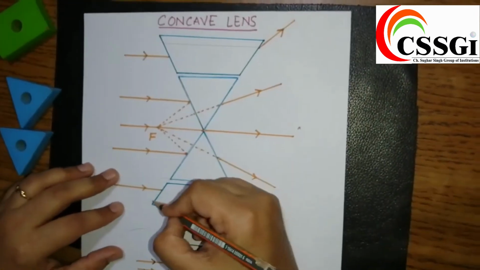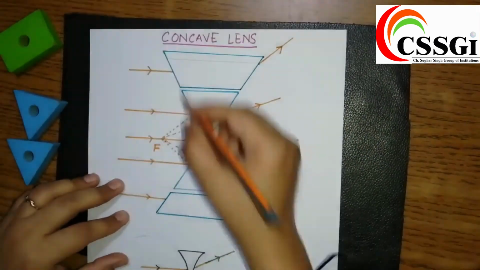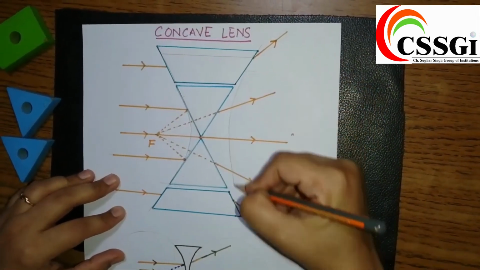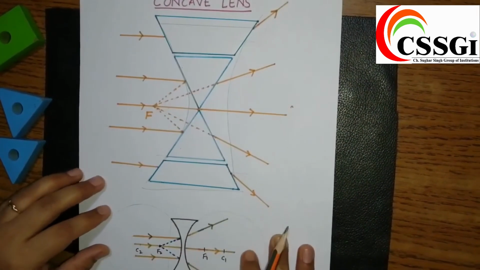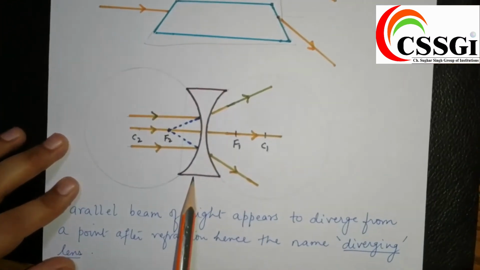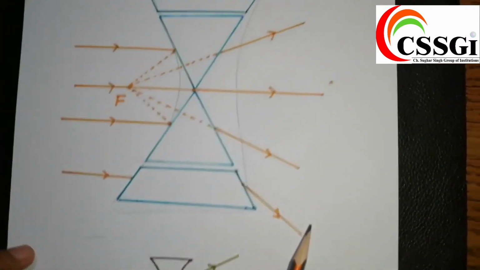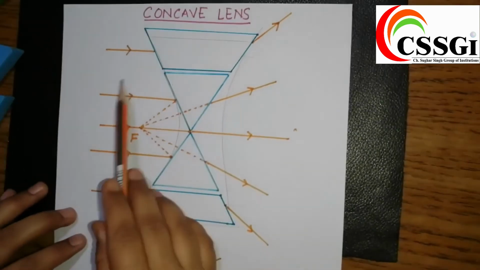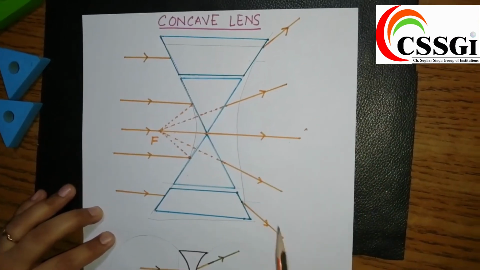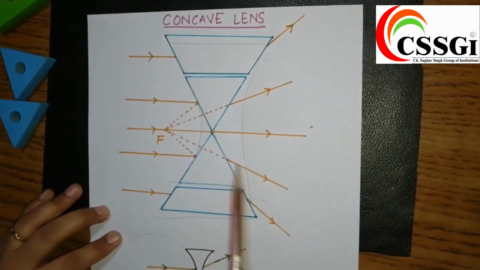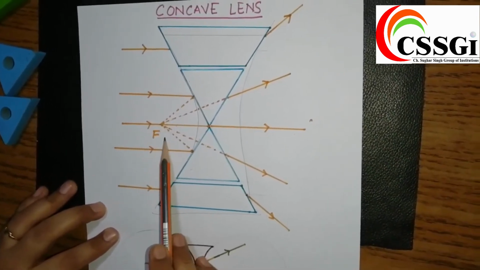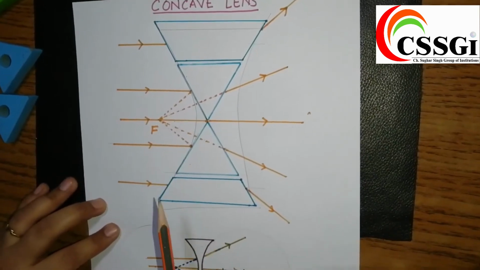Now you can anytime imagine this shape as a concave lens, right? Now you see that the parallel beam of light, when it falls on this kind of structure, then the rays diverge out, and these diverged rays appear as if they are coming from this point, and hence this point is known as focus of this lens.